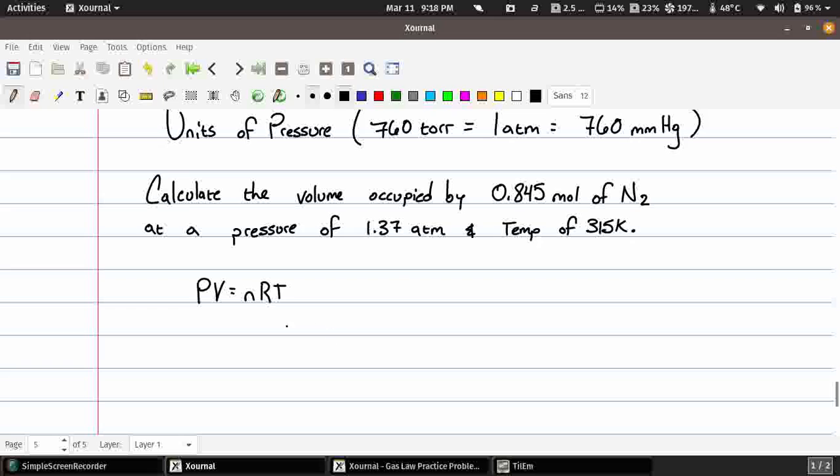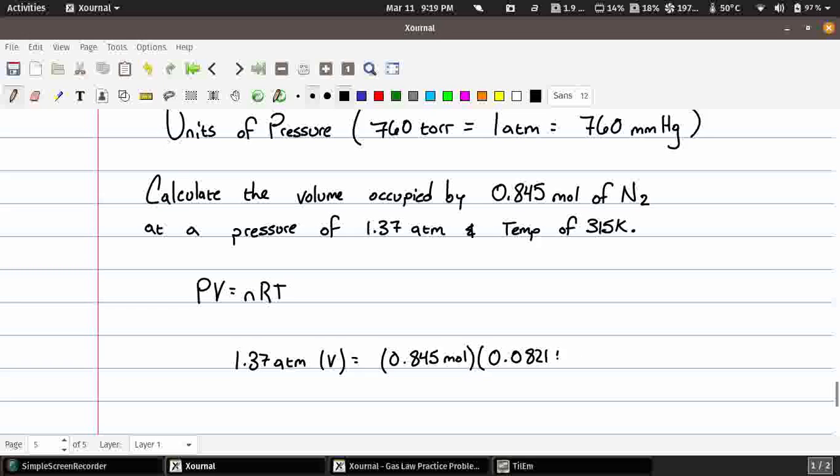So we have 0.137. Oh no, I put 1.37, my bad. 1.37 atmospheres times V equals 0.845 mole times the gas constant.